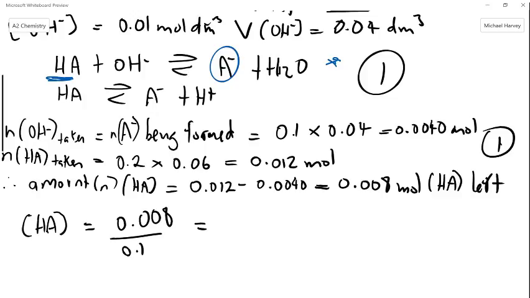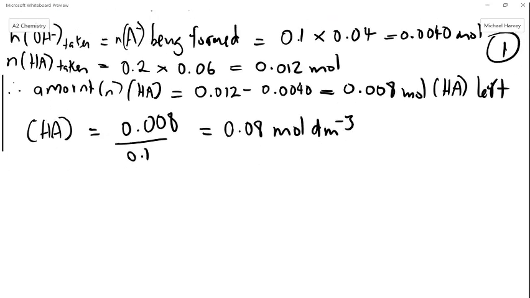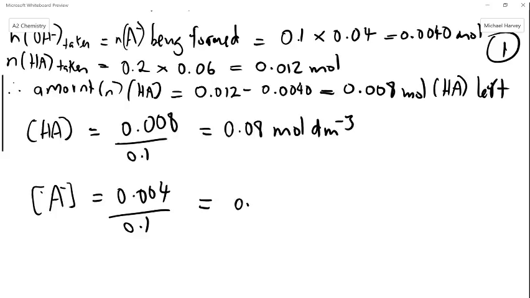That will equal the concentration of the weak acid left in moles per decimeter cubed, and the concentration of the conjugate base is going to equal 0.004 divided by 0.1, which equals 0.040 moles per decimeters cubed.